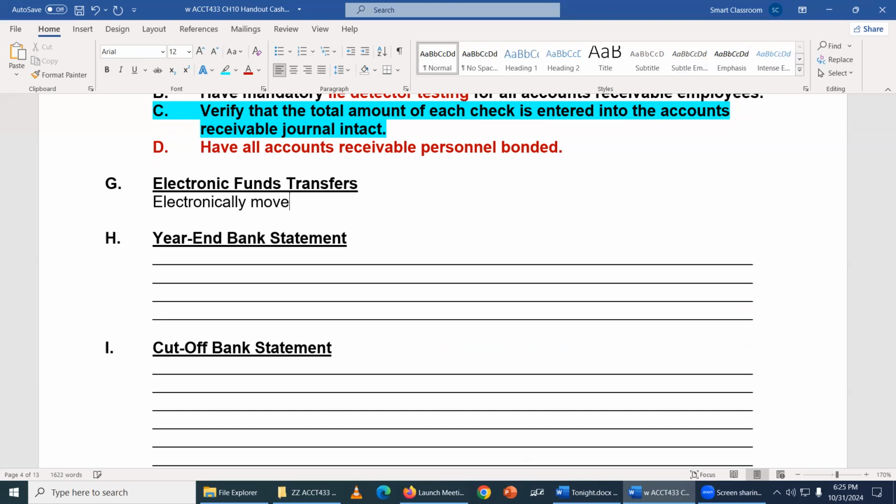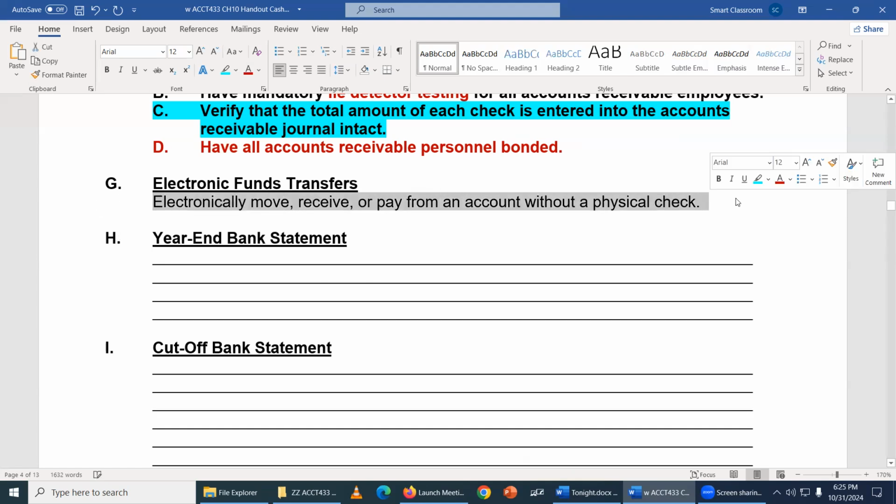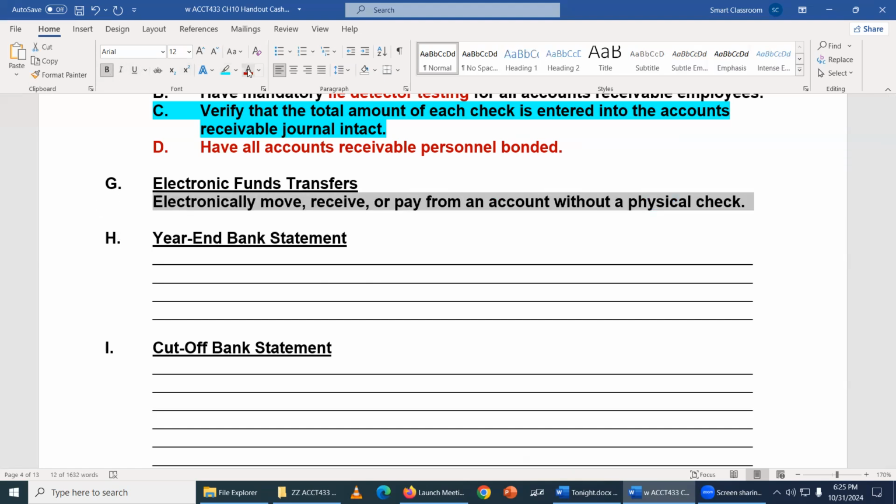Receive, I should say, or pay, account without a check. Again, back in the day, this was rocket science. It no longer is, obviously. Everyone does it, or a lot of people do anyways.